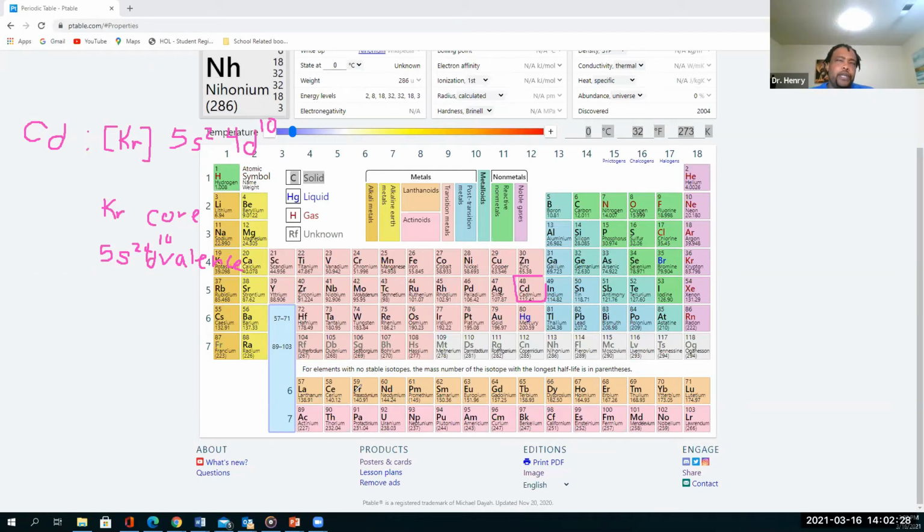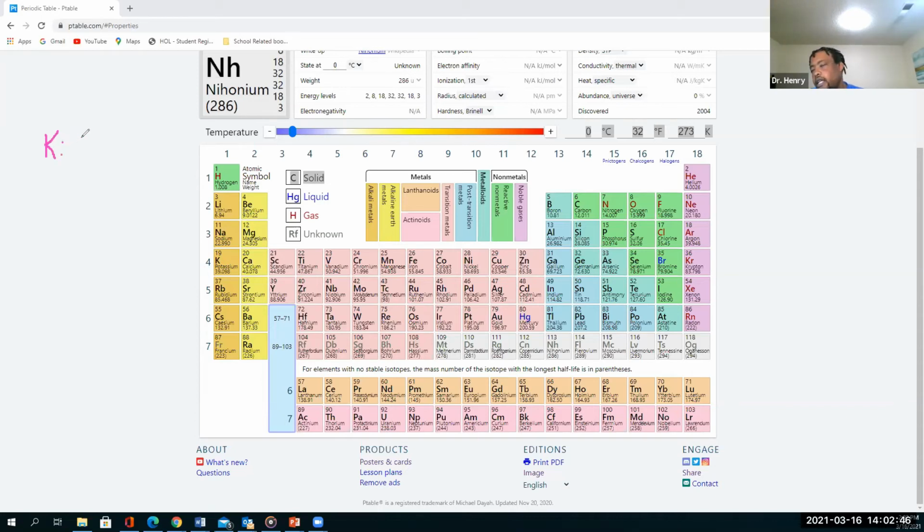So this brings us to those valence electrons, electrons that can be used up for things. I'm going to give you guys another example. Let's say we have potassium. Where's potassium located? What is the electron configuration? Potassium is 19.